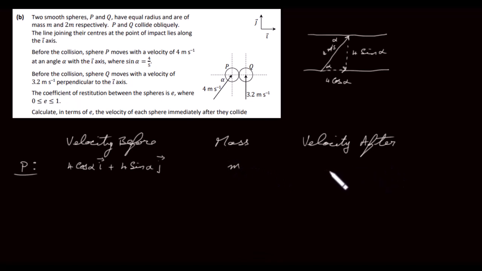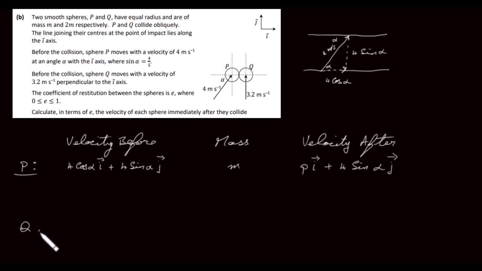Now the velocity afterwards, remember, because the spheres are impacting obliquely, the j velocity is not going to be affected, but the i velocity will be. So our i velocity afterwards we don't know, so let's just call it p, plus, now the j velocity is not going to be changed, so it's going to be plus 4 sine alpha j.